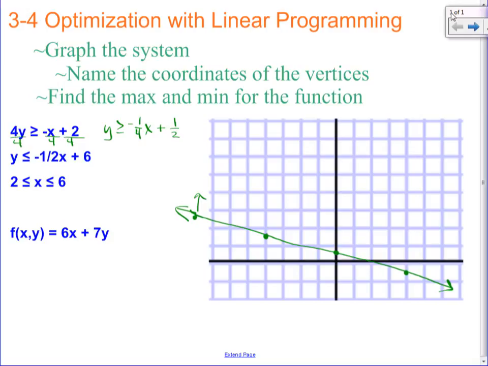Okay, this next one, we start at 6, so we'll go up 6. And then where are we going? Down 1 over 2.